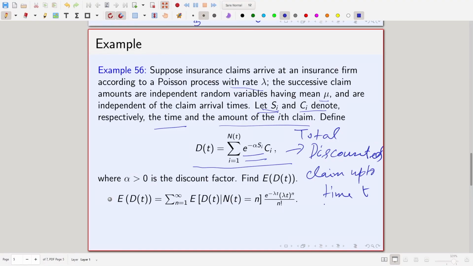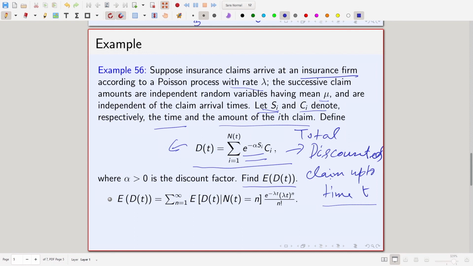So this is the total discounted claim that arrives up to time t, a very important quantity from the insurance firm's point of view. Now the question is, find the expectation of D_t, the average total discounted claim which will arrive up to time t. You can easily understand that such a thing is very important for an insurance firm, so this is a very real life problem.